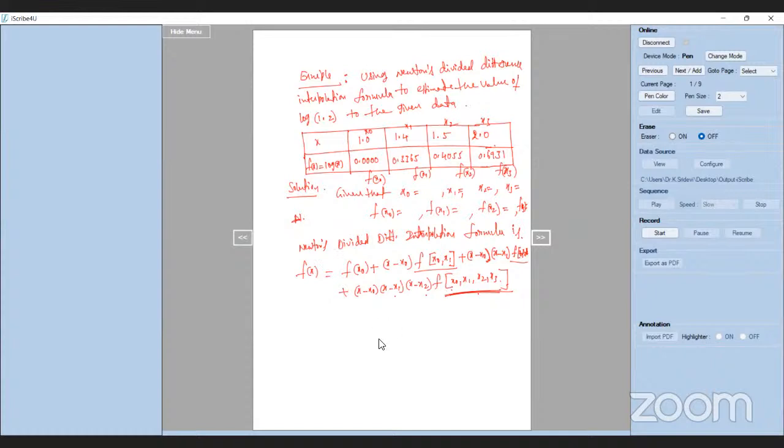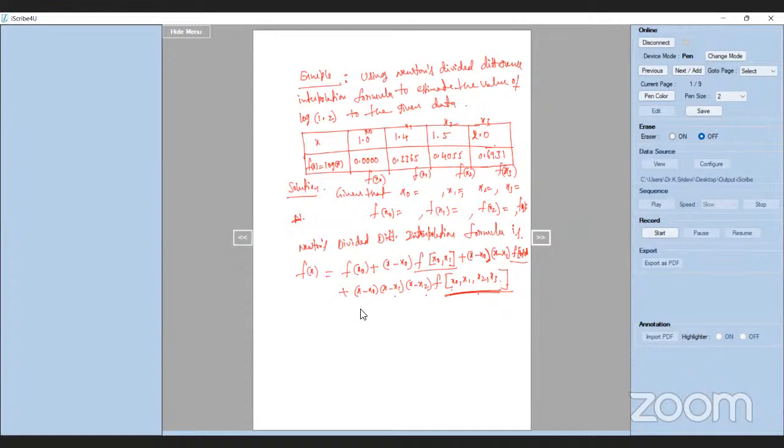Are you doing the construction of the divided difference table, or shall I tell you? Follow the same procedure which I explained in the previous class. I gave one example according to Newton's divided difference interpolation formula, and I showed how to construct the table. According to that, you have to construct the table first.